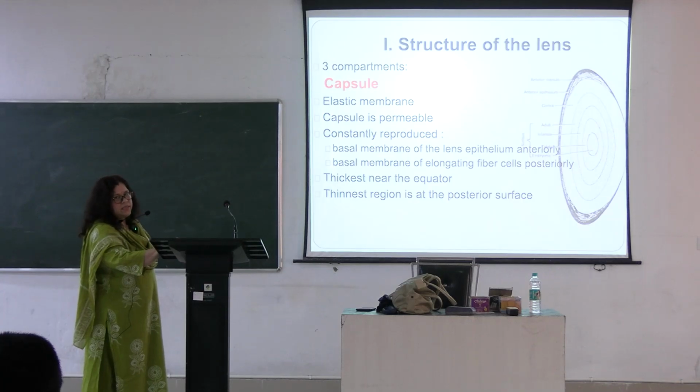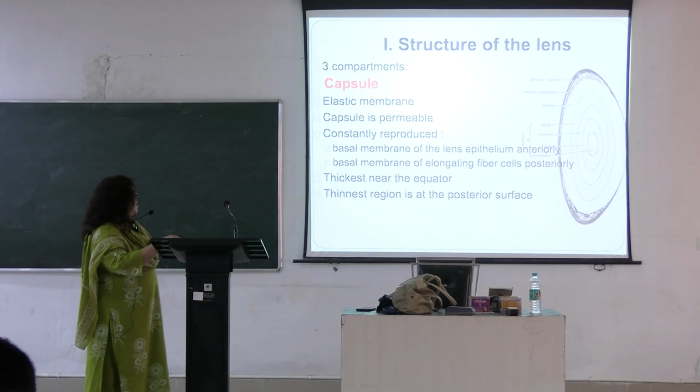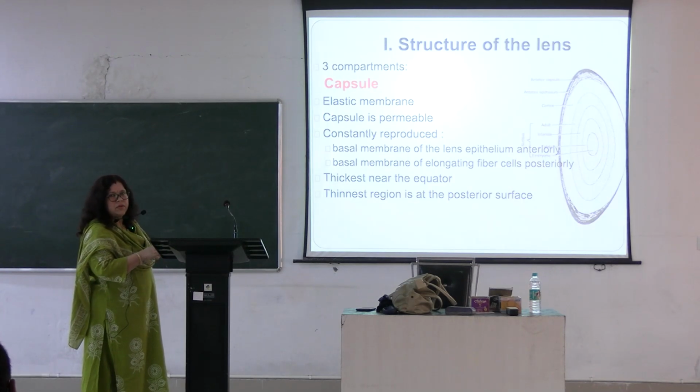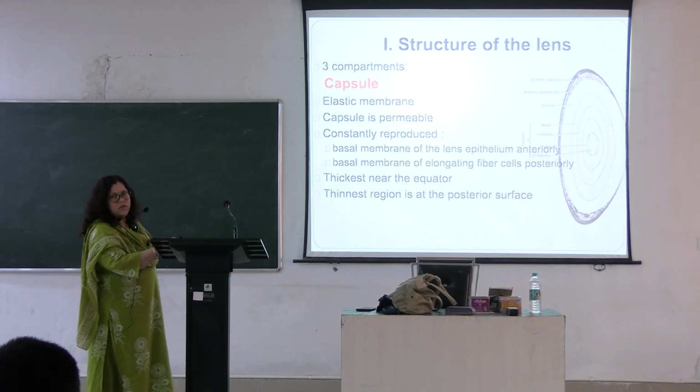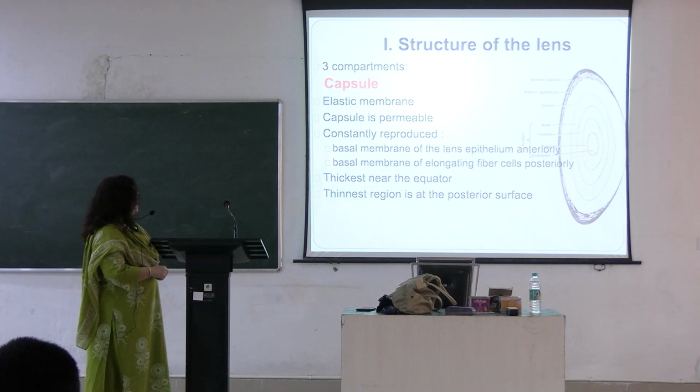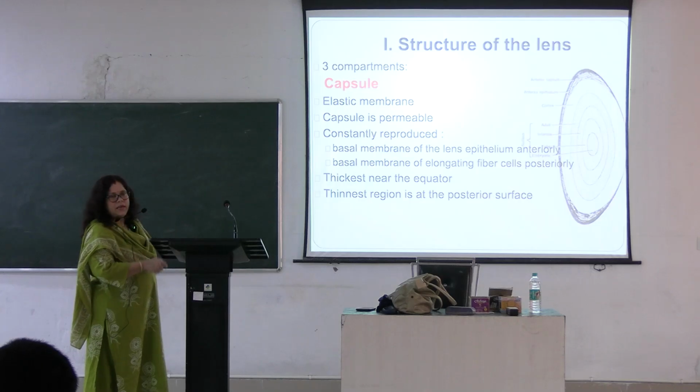When it is damaged, it is reproduced, forming the layers of the lens, and its basal membrane is epithelium anteriorly and posteriorly. This epithelium is present from the equator to the anterior surface, but on the posterior surface there is no epithelium, and here the epithelium elongates and forms the posterior capsule.